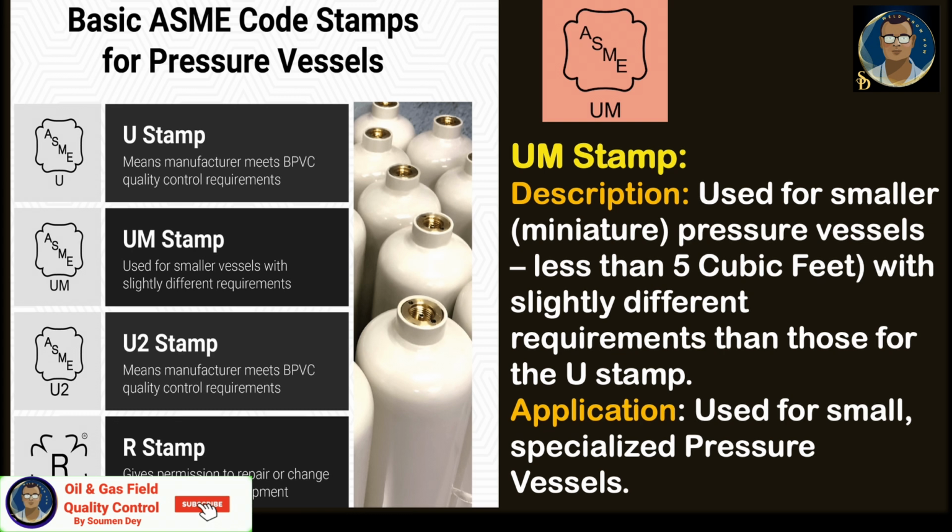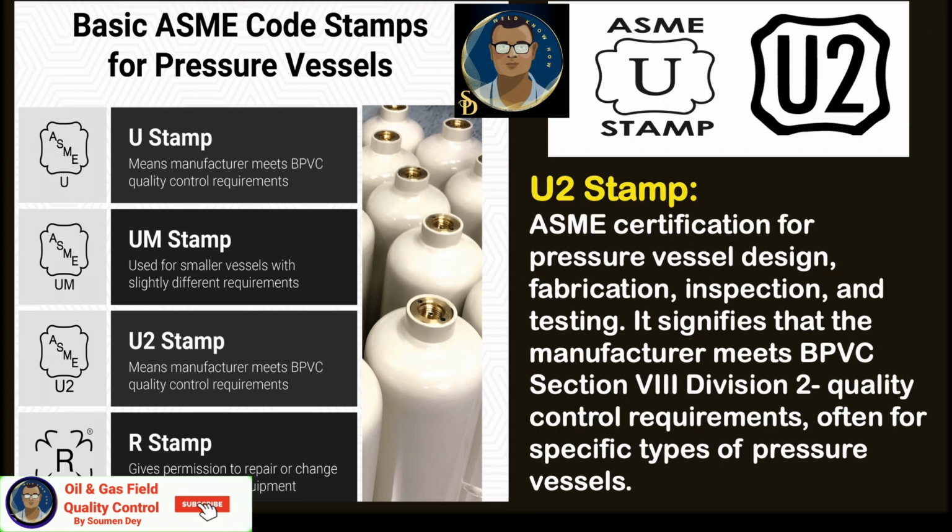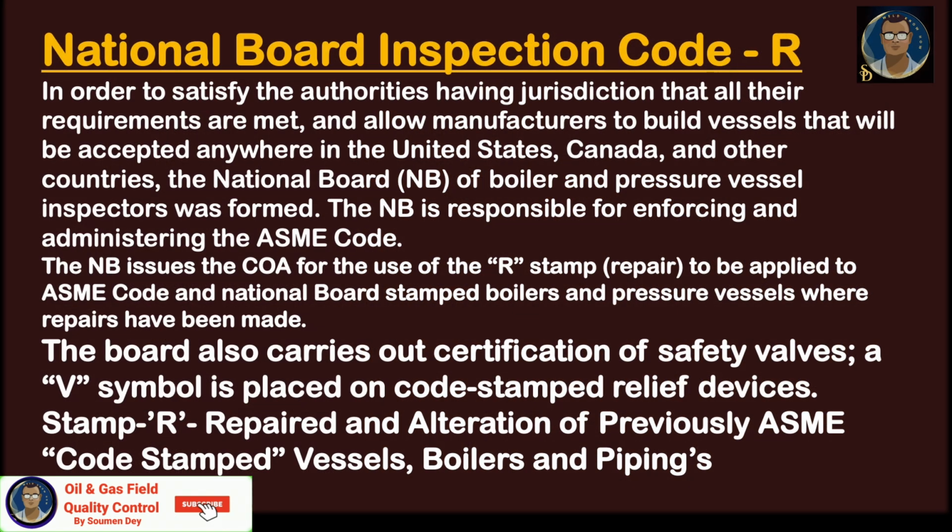Application: used for small specialized pressure vessels. U2 stamp: ASME certification for pressure vessel design, fabrication, inspection and testing. It signifies that the manufacturer meets BPVC Section 8 Division 2 quality control requirements, often for specific types of pressure vessel.